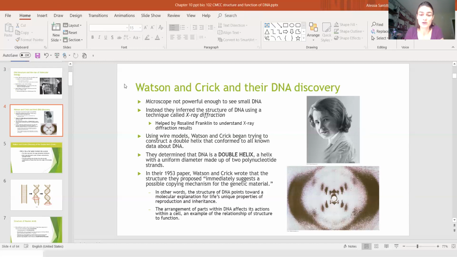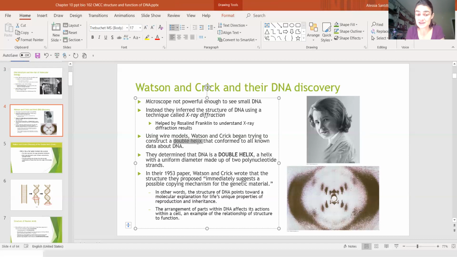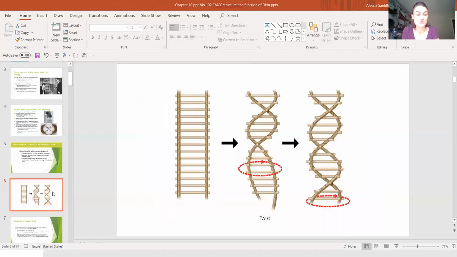So using wire models, Watson and Crick, with the help of Rosalind Franklin, began trying to construct a double helix that conformed to the data that was given to them from the DNA, right? So at the end, they determined that the DNA is a double helix, and it looks like this. It has one strand of DNA here, another strand of DNA here, then it wraps around itself, right?